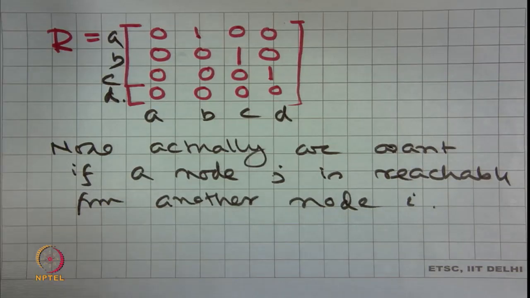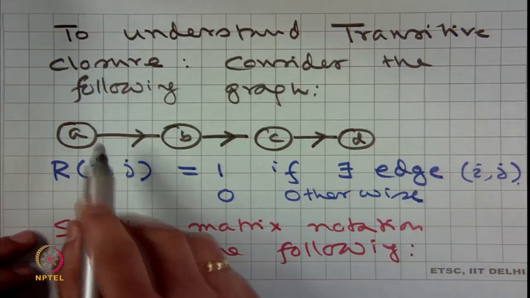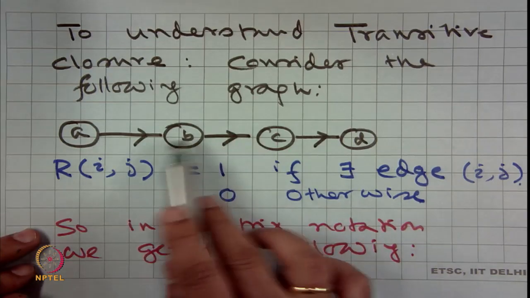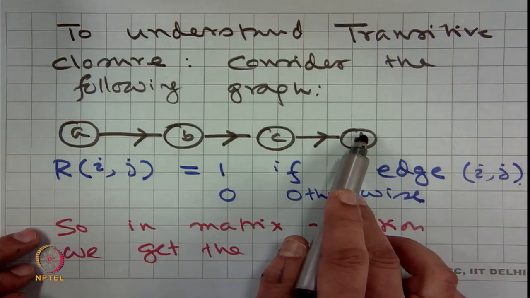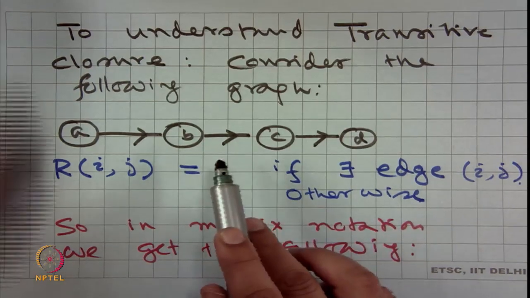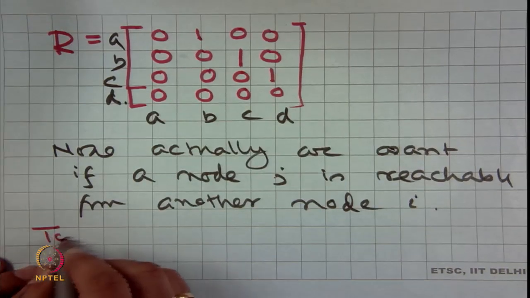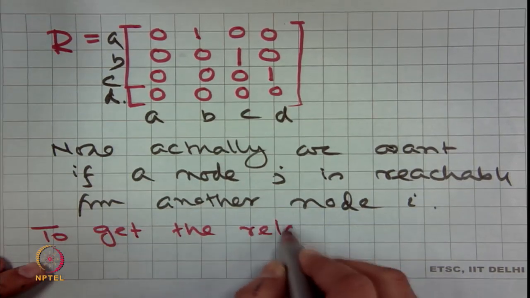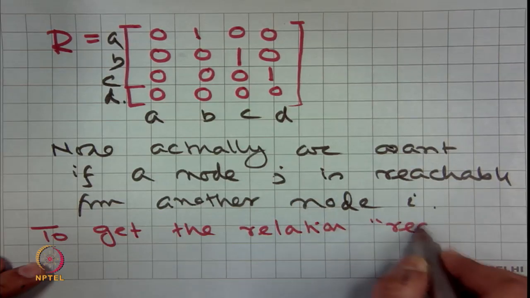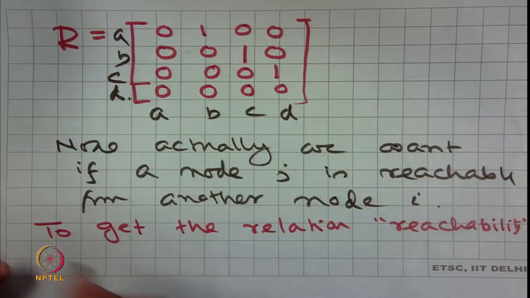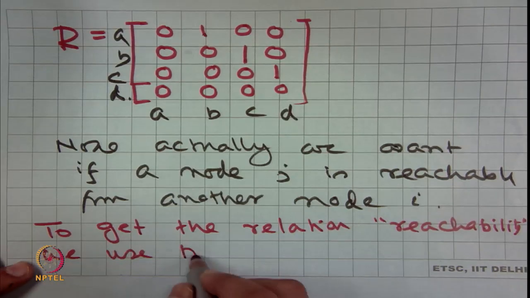If we go back to the graph, we see that C is reachable from A via B, D is also reachable from A via B and C, and D is also reachable from B. Therefore, to get the reachability relation, we use transitive closure.